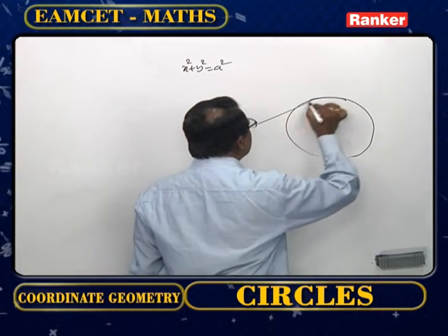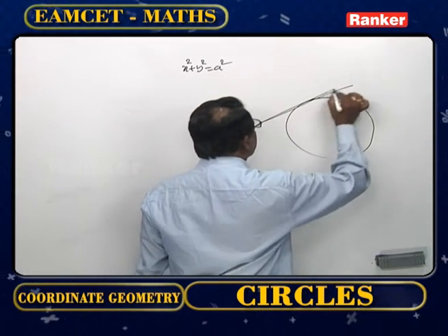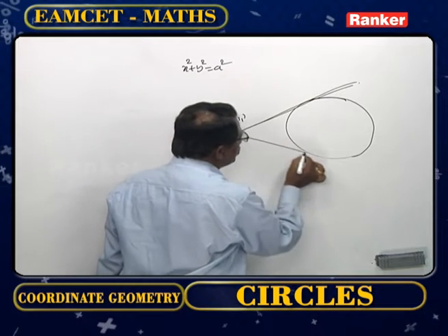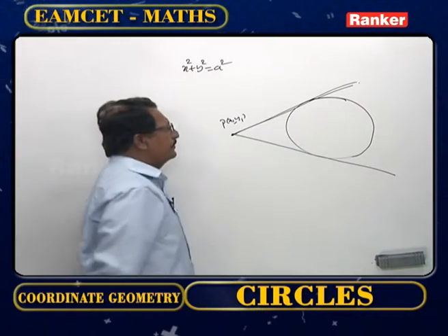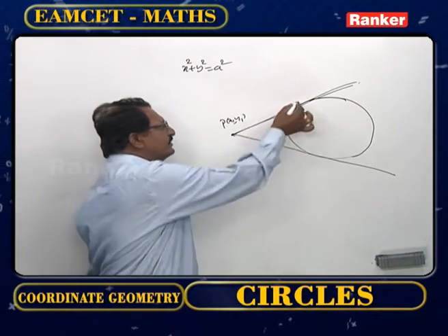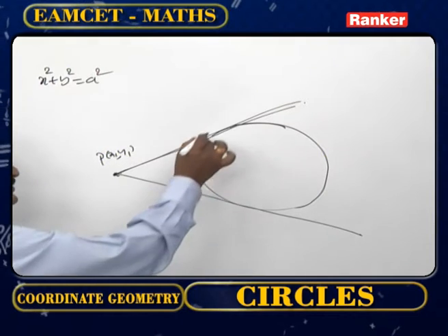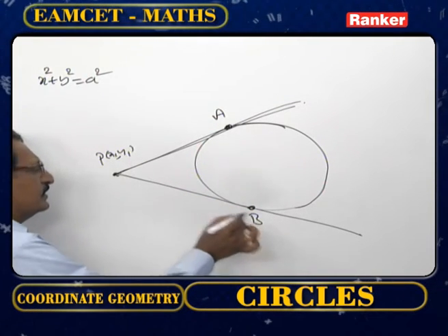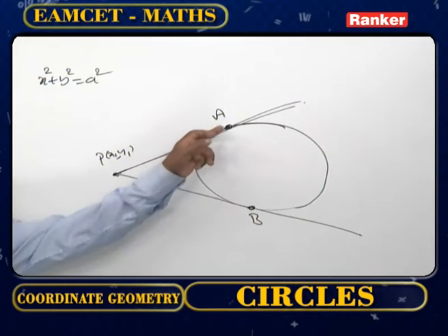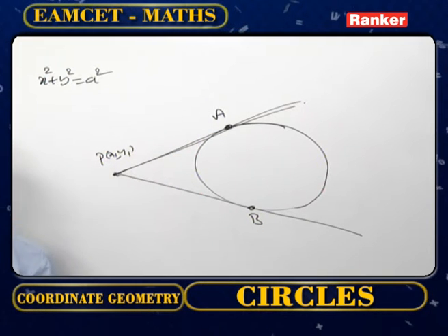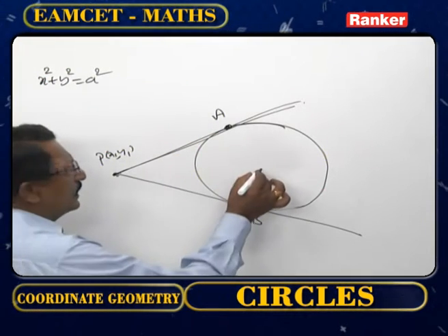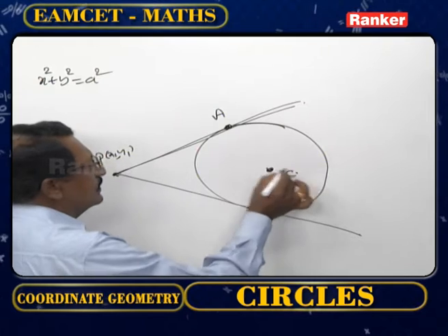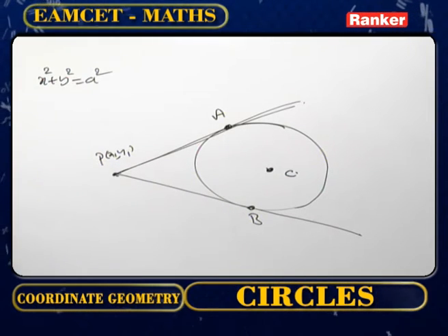From an external point, two tangents can be drawn to the circle. Consider A and B as the points of contact of these tangents, and let C be the center of the circle.